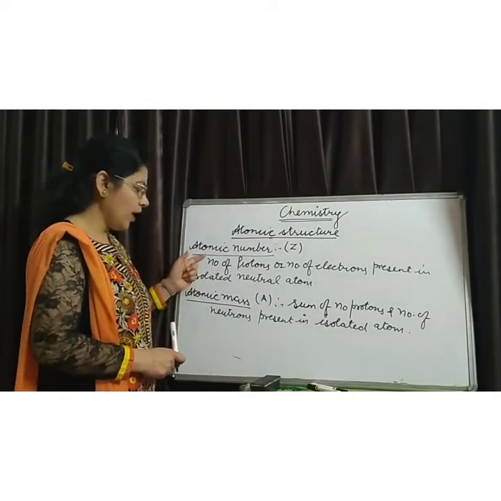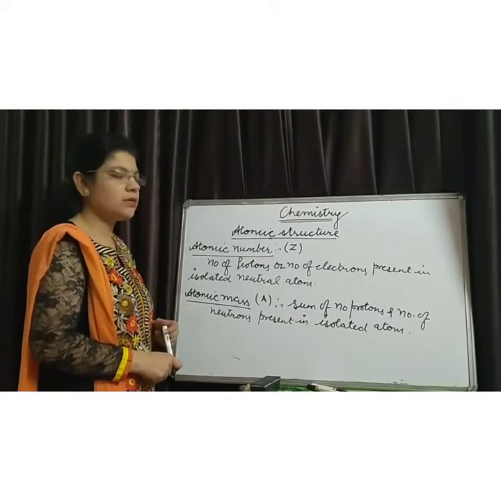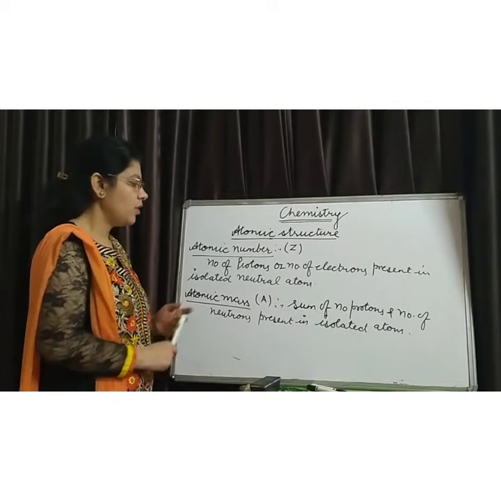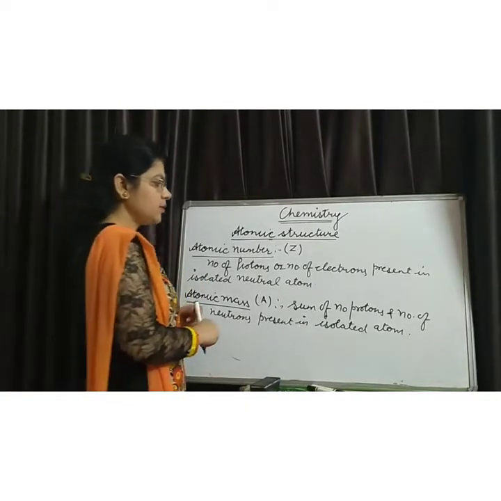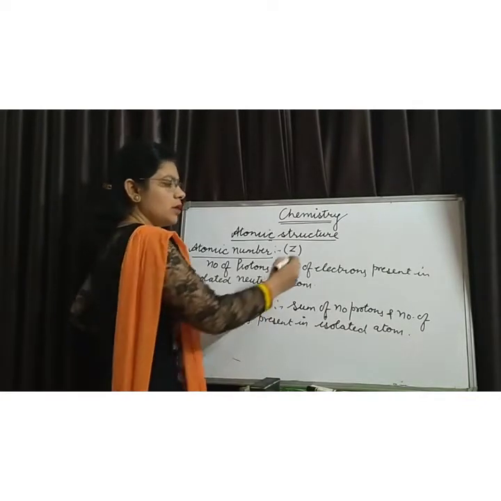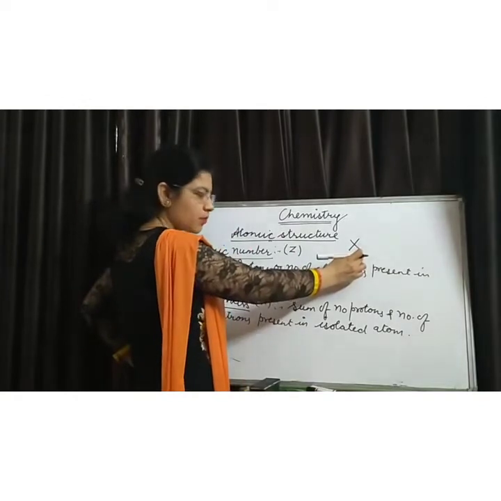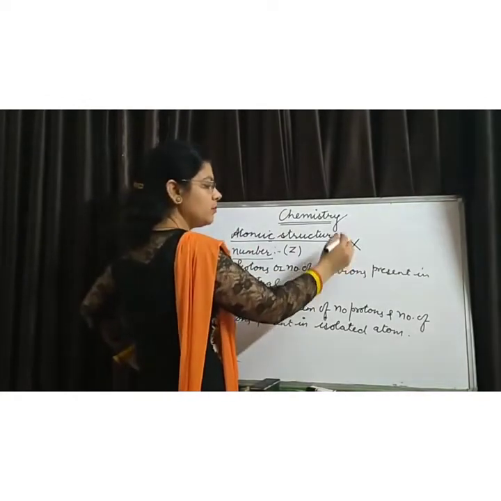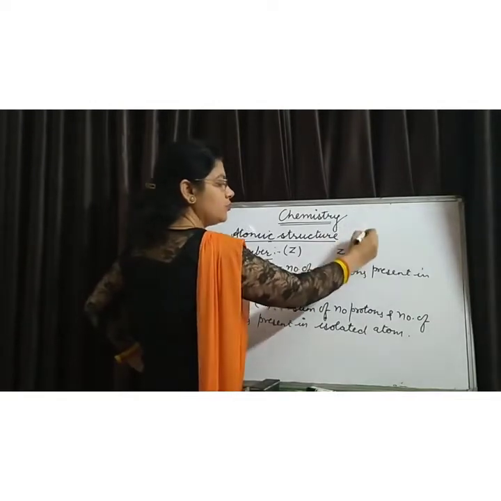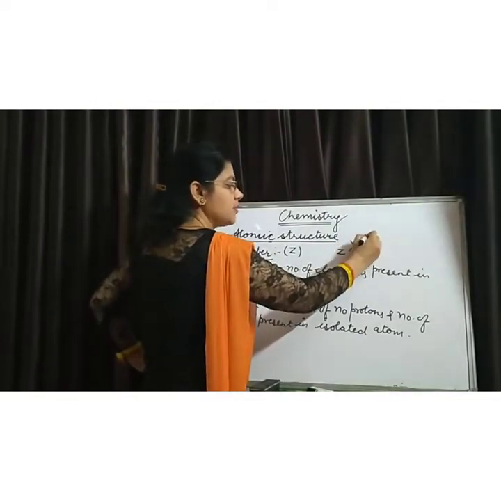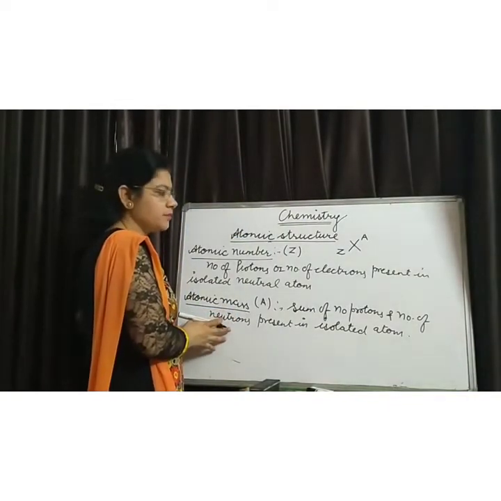With the help of atomic number and atomic mass, how can we represent the symbol of the atom? For the symbol of the atom, we first write the symbol of the element. Let X be the symbol of the atom. At the bottom, we represent its atomic number, and at the top, we represent the atomic mass of the atom.